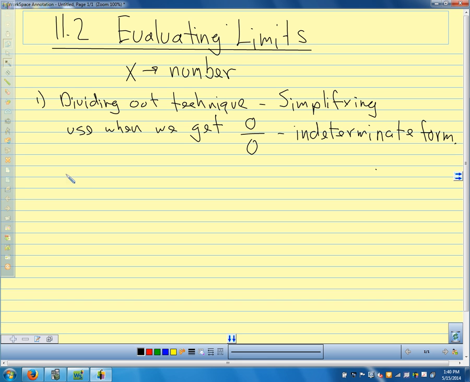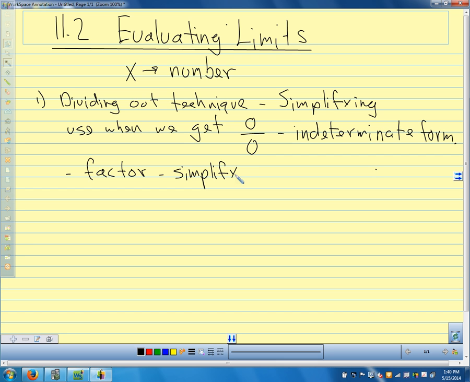And our technique is, basically, we want to factor. We want to simplify. By simplify, we're going to cancel out common terms, that kind of thing.